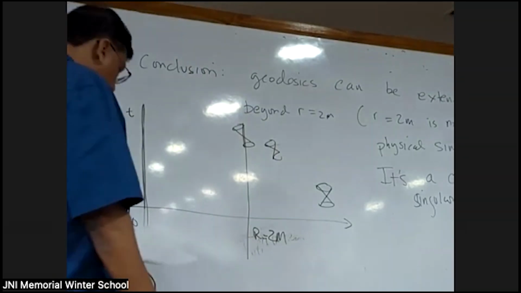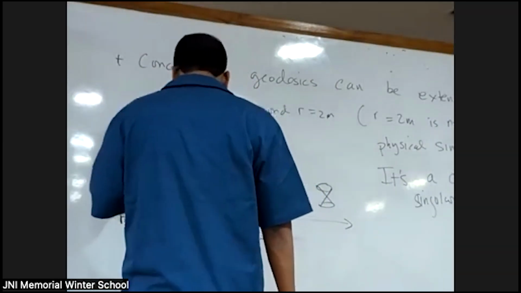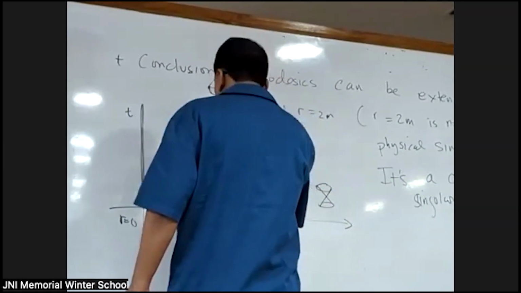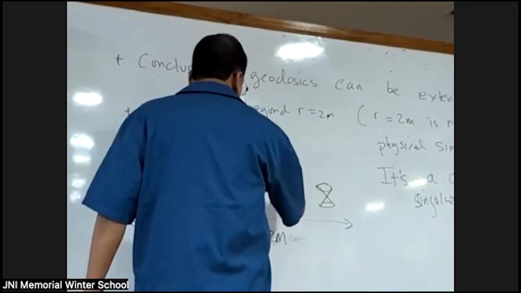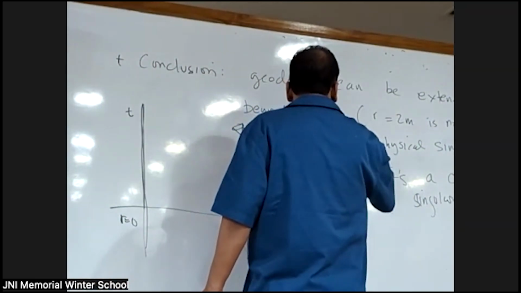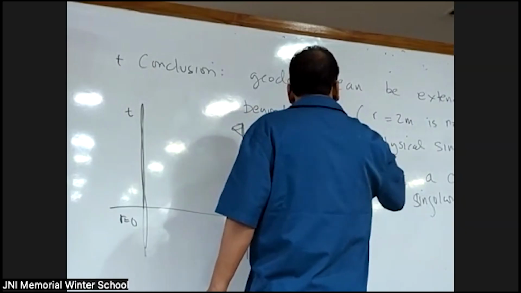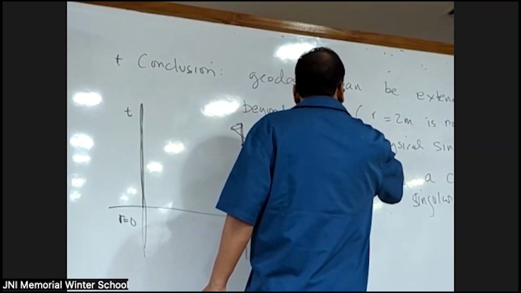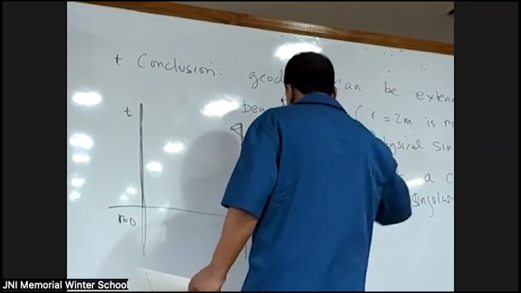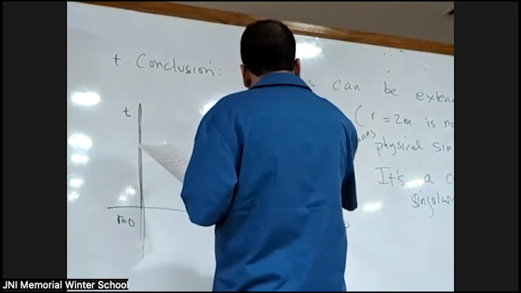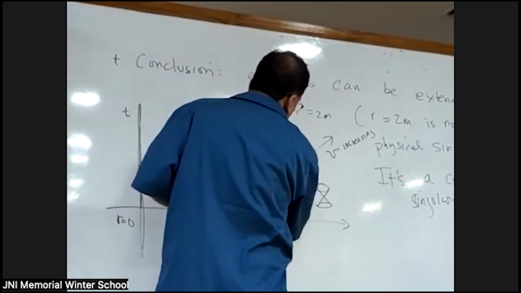This is r equals 2m. This is the direction of increasing v, and lines of constant v are like this.